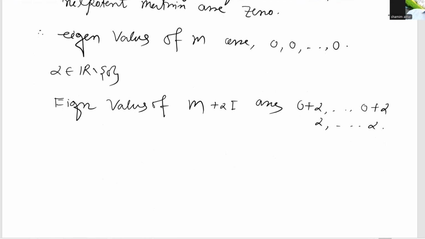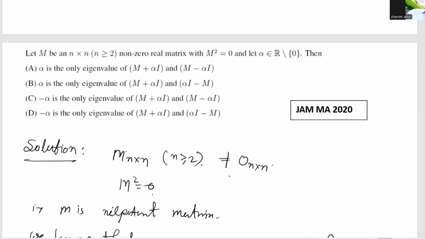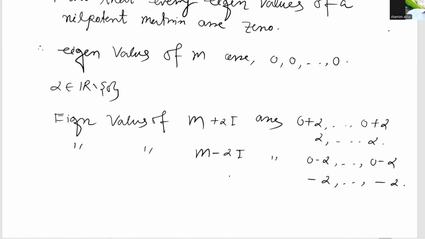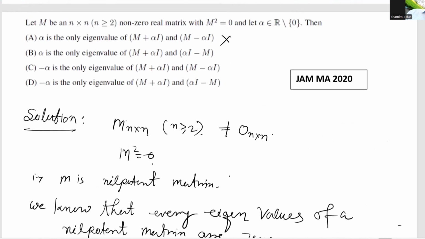And also the eigenvalues of M minus alpha I are 0 minus alpha, dot dot, 0 minus alpha, that is minus alpha, dot dot, minus alpha, okay. So the first option is false, because here alpha and minus alpha are both eigenvalues of the two matrices, so option A is false.